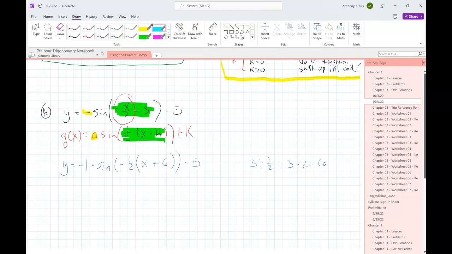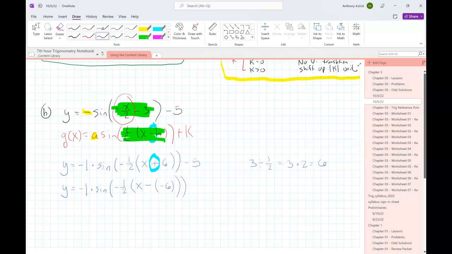But we still have one small problem. That's got a negative sign there. We have a plus sign there. What do I do to fix that? Plus is the same thing as minus a negative.